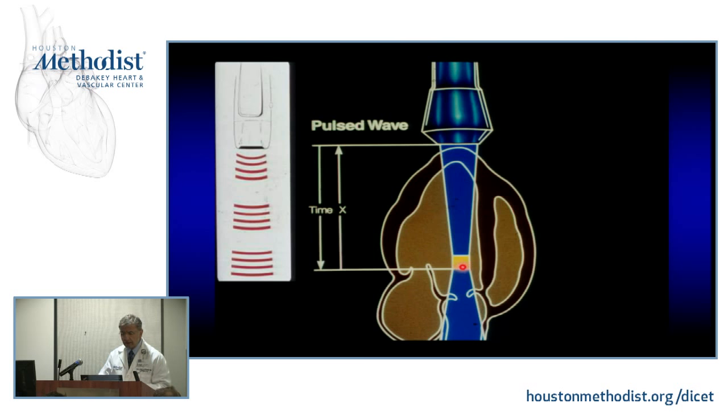Here, I want to know what these velocities are in the LV outflow tract, what this frequency shift is. So I send this pulse and keep my transducer quiet. I won't listen till this thing travels to the sample volume and goes back, so I know how much time it would take. Then I open and listen, and I ask the question, what is the frequency shift?